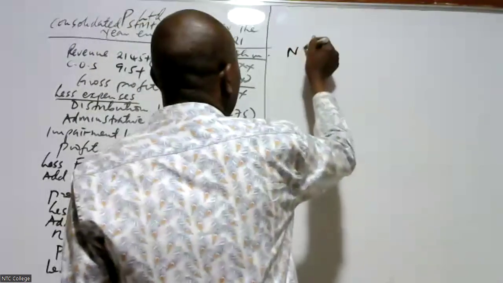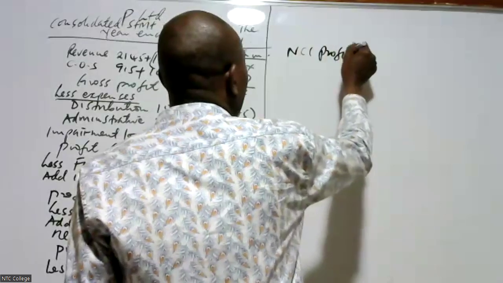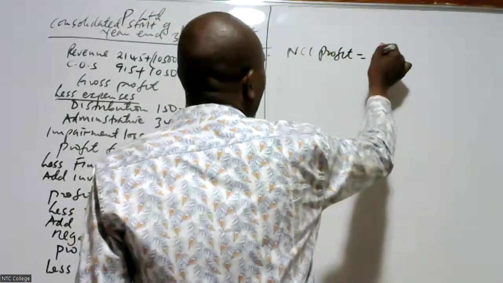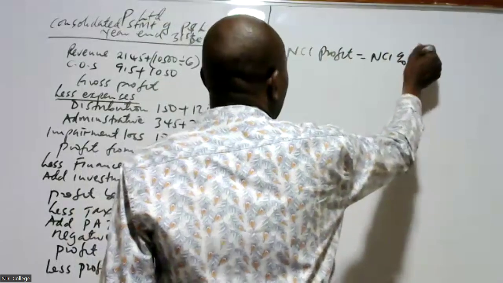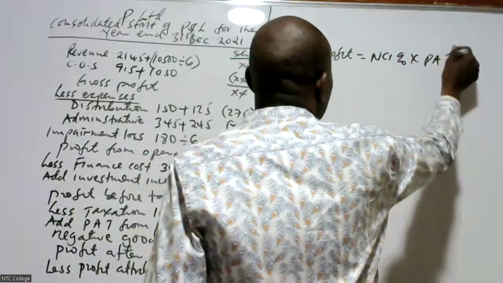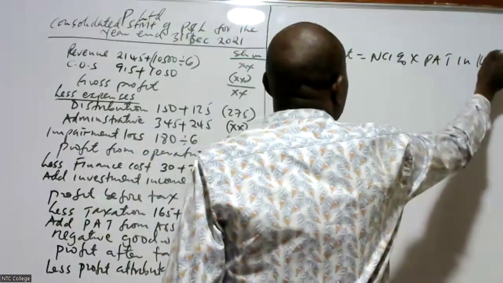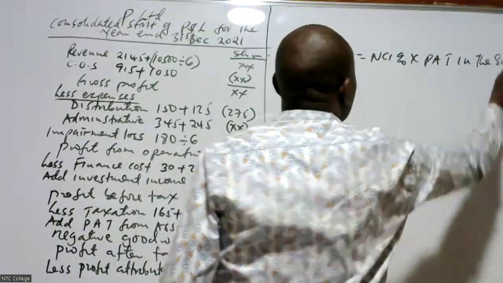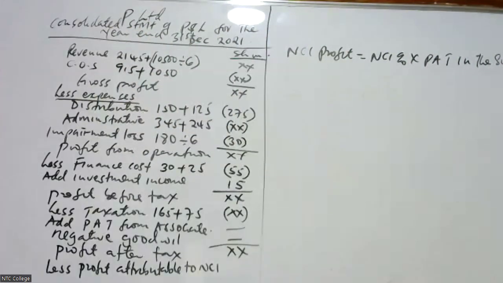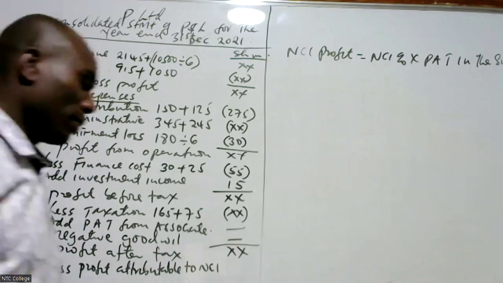Therefore, NCI profit equals NCI percentage times profit after tax in the subsidiary.